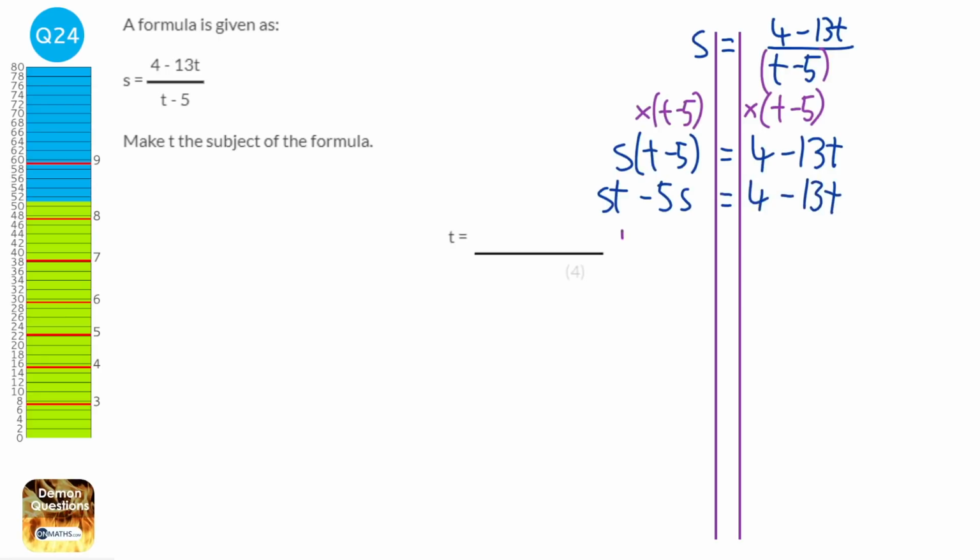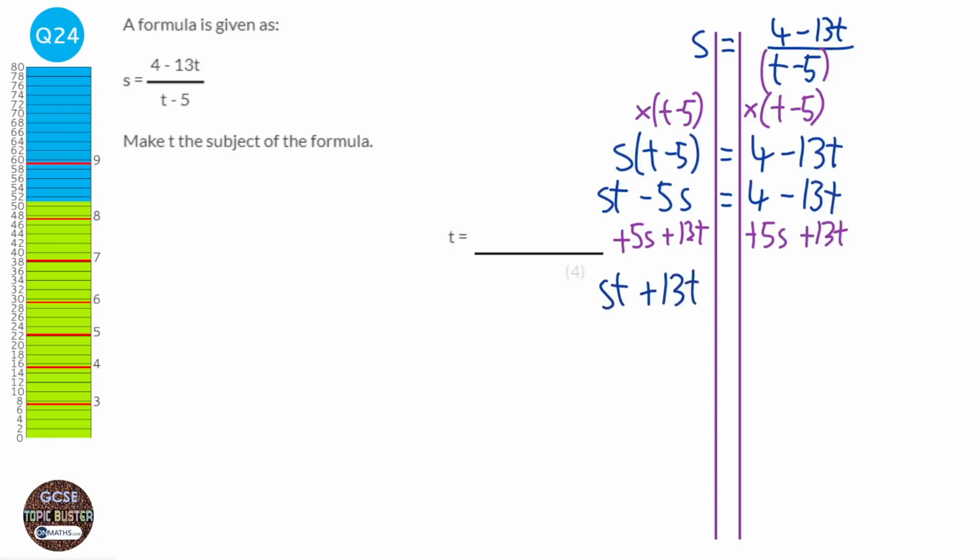So I'm going to add the 5s and add the 13t. So we're effectively just moving this on to the other side and this on to the other side. So we're left with st + 13t = 4 + 5s.